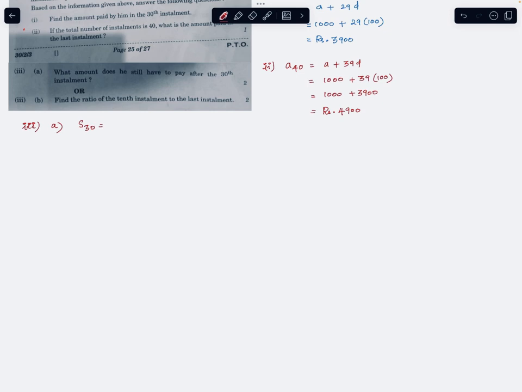S30 is equal to n by 2 times 2a plus n minus 1 times d, where n is 30, so 30 by 2 times 2 times 1000 plus 29 times 100, which is 15 into 2000 plus 2900, which gives us rupees 73,500.